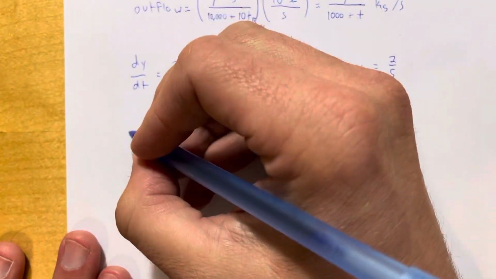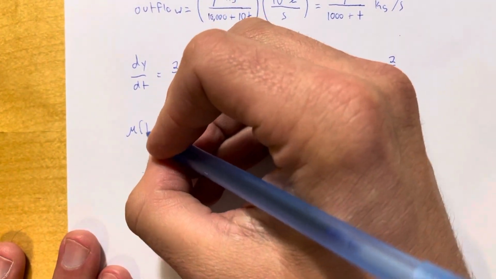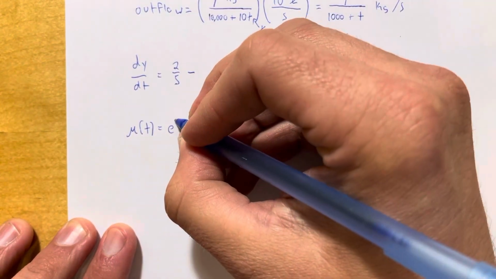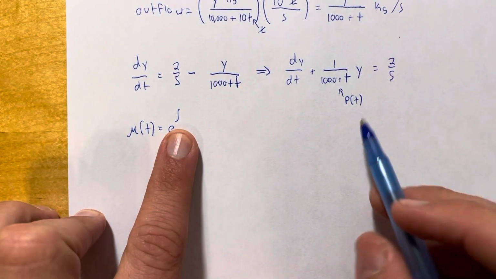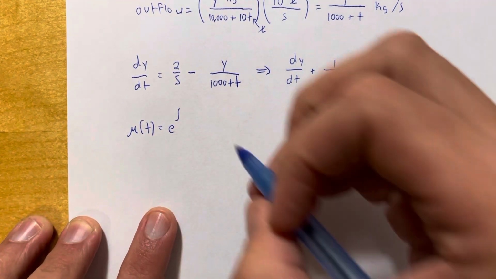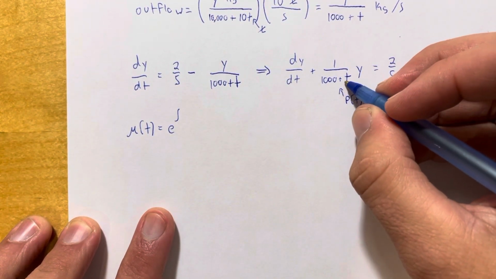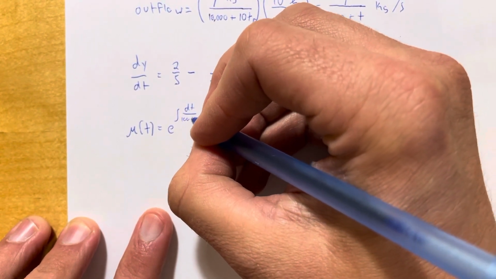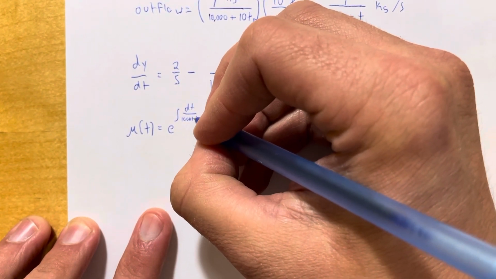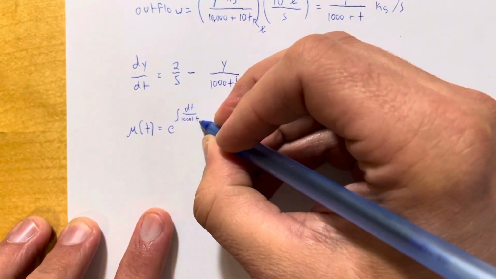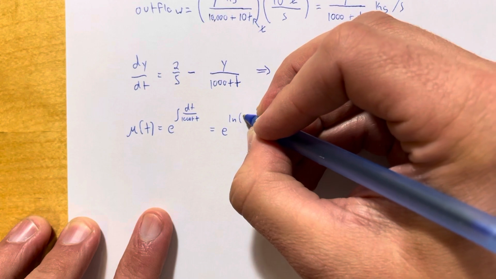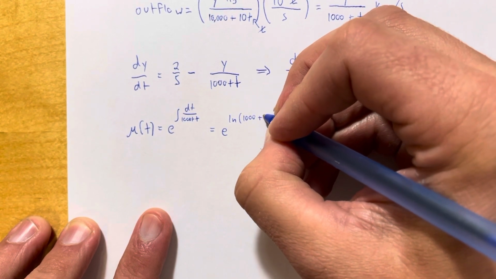Let's do that next. My integrating factor, which now is a function of t, not x, is equal to e to the power of the integral of that p of t function. So that's the integral of 1 over 1,000 plus t, dt. Now I'm going to get a natural logarithm, e to the natural log of 1,000 plus t.